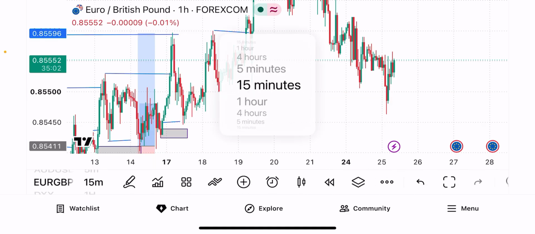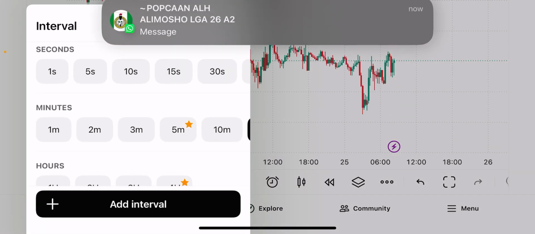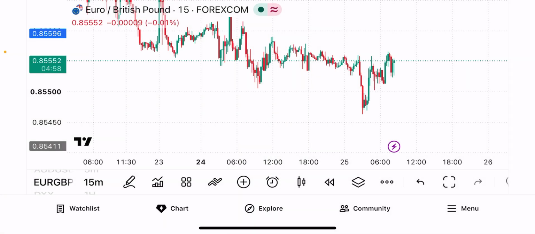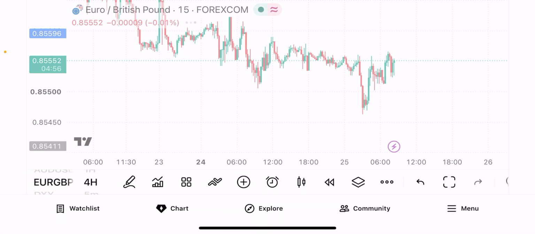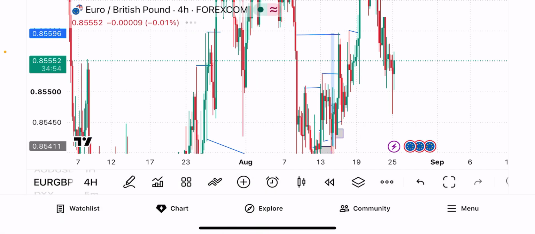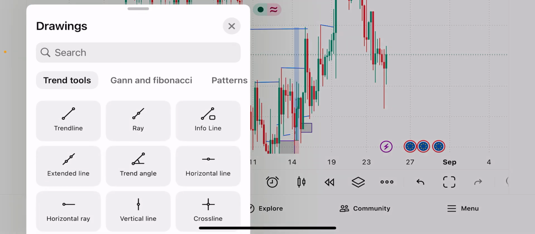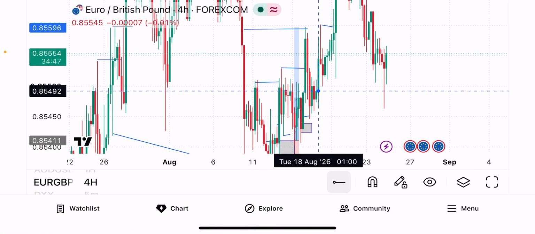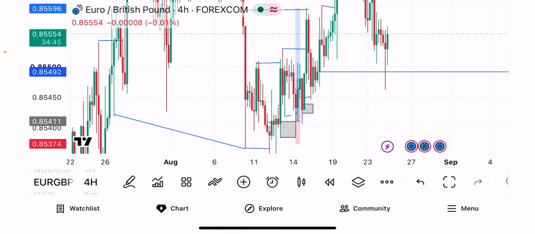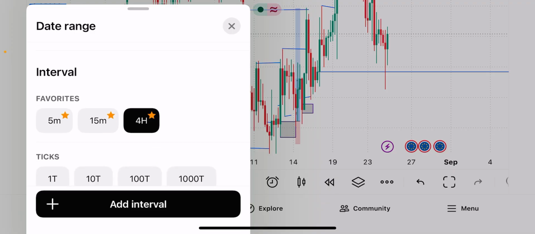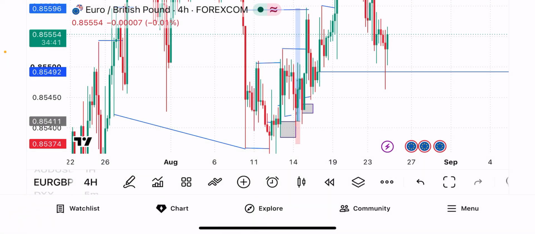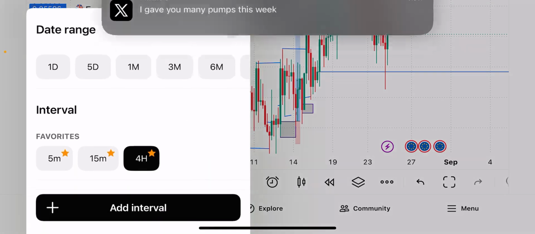And how did I get the particular one? I went to my 4-hour time frame and 2-hour time frame. On my 4-hour time frame, I saw this OCL level here. I told you I have two means of entry, my confirmation and my aggressive entry.